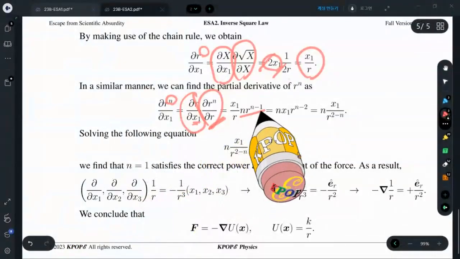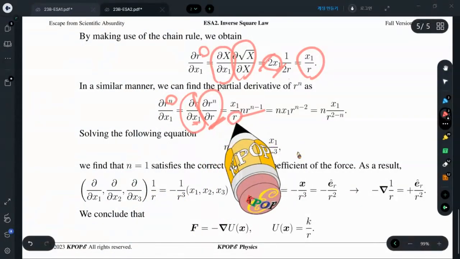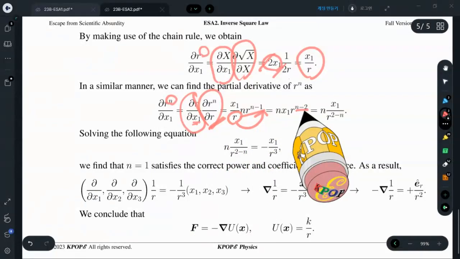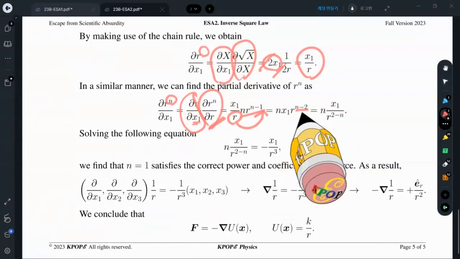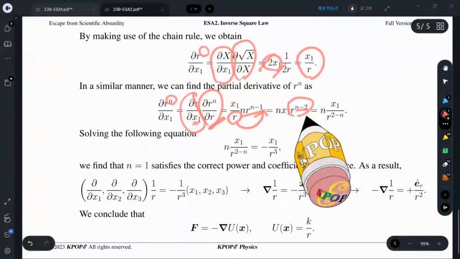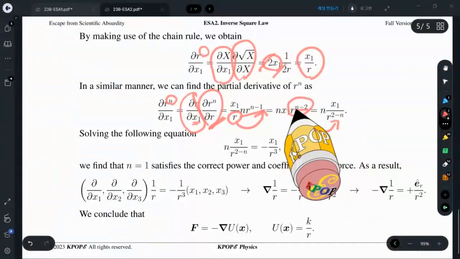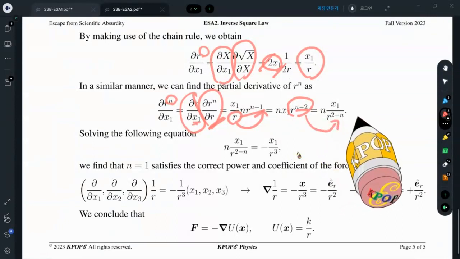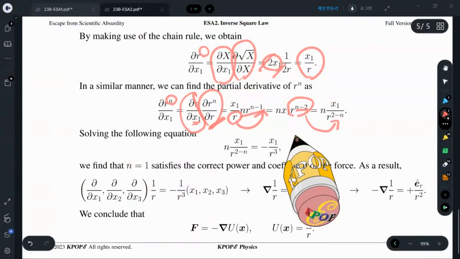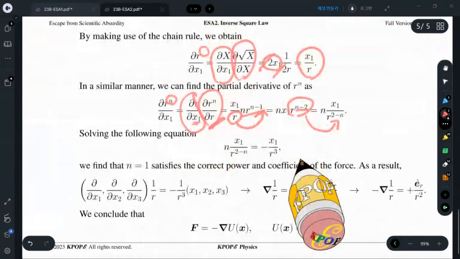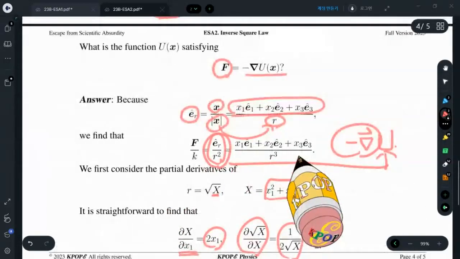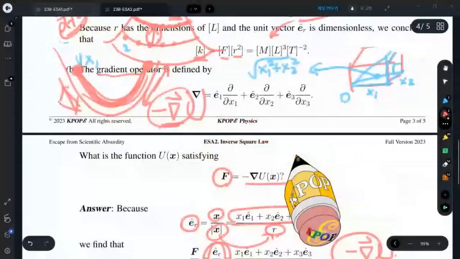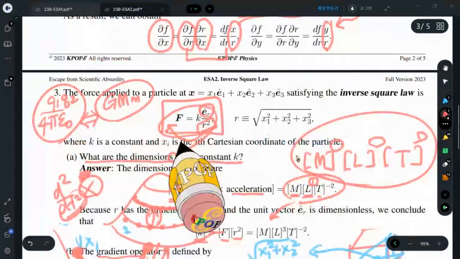This gives n times r to the n minus 1. Because r is in the denominator, it changes the power to n minus 2. The final answer: I can put this one in the denominator and flip the sign, so n times x1 divided by r to the 2 minus n power. Now I would like to find a way this is the same as the force.